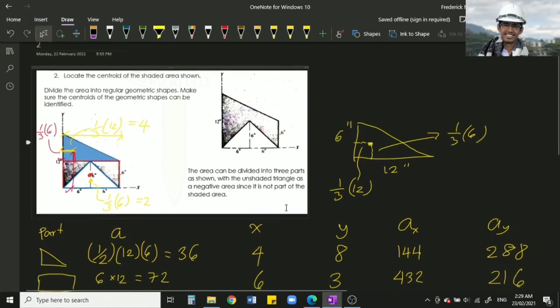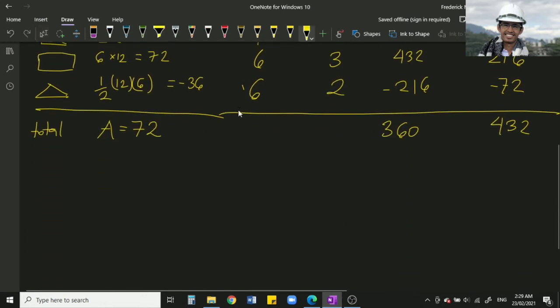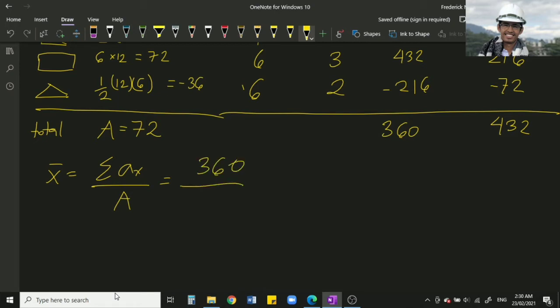So, makukuha na natin yung kanyang centroid. So, using the formula, bar X is equal to summation ng AX natin over yung total area. So, that will be equal to 360 over yung total area natin is 72. Therefore, yung bar X natin will be 5 inches. Okay?